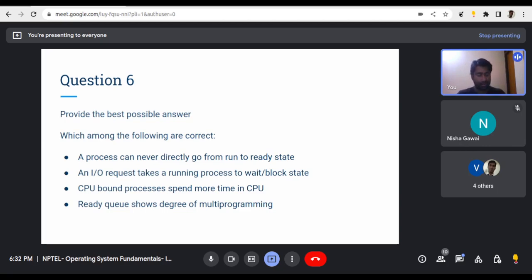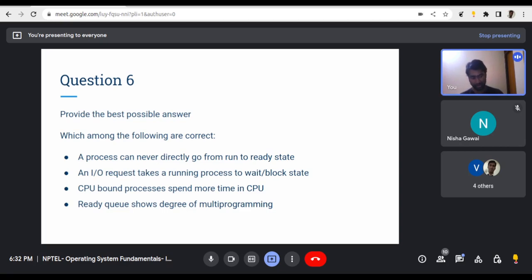As I explained in the previous case also, once there is an IO instruction, the process moves from the running state to the waiting or blocked state, where it can do the IO operations. Once it has completed the IO operation, it goes to the ready queue.